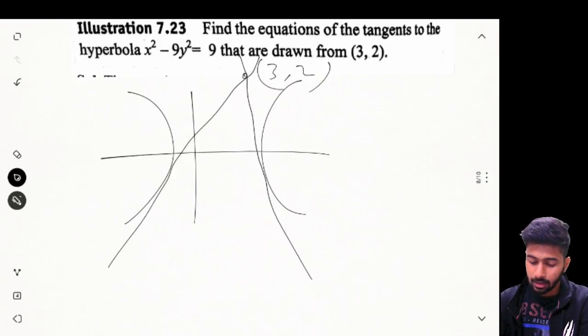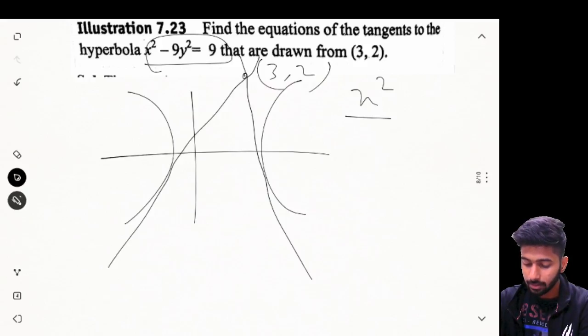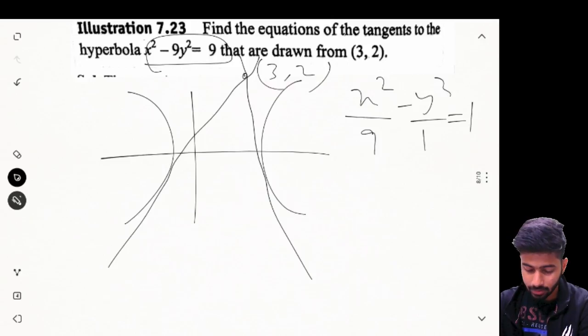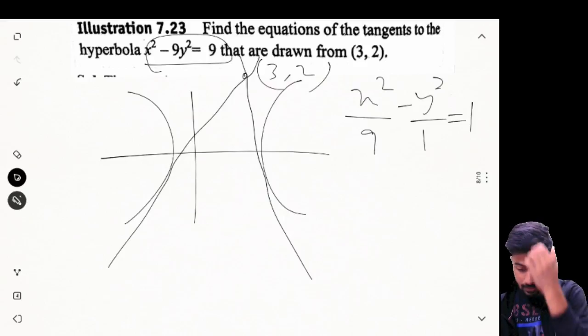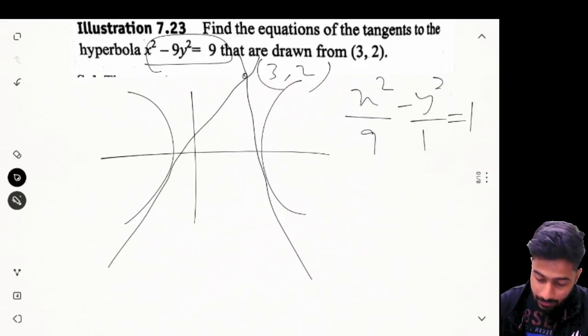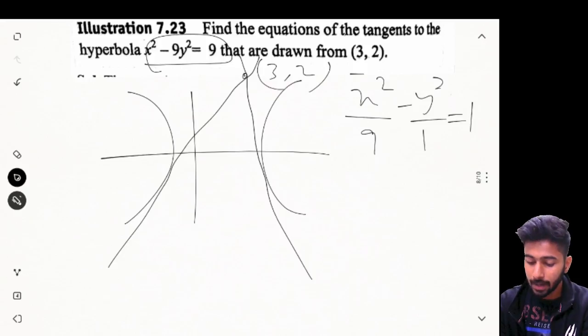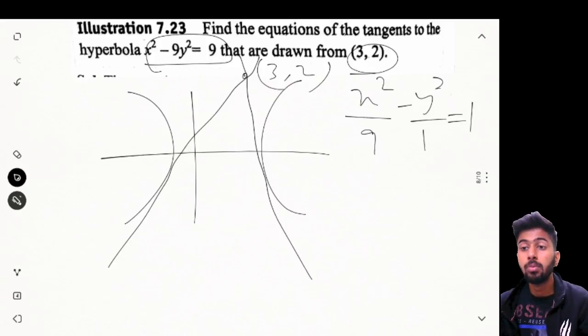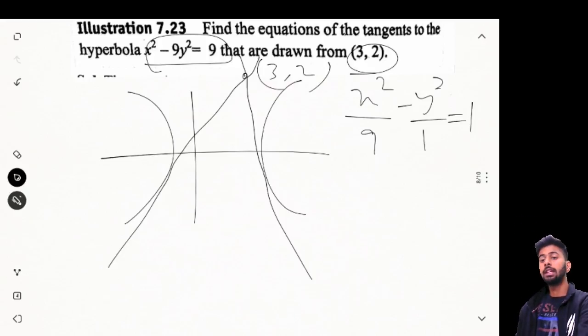So I'll write this hyperbola in standard form. So I have x square by 9 minus y square by 1 is equal to 1. This is the hyperbola that I have. I want the tangents to this hyperbola which pass through (3, 2) basically. Both of those tangents should pass through (3, 2).